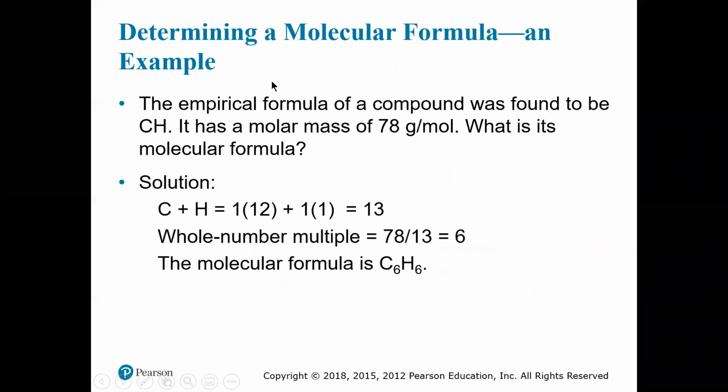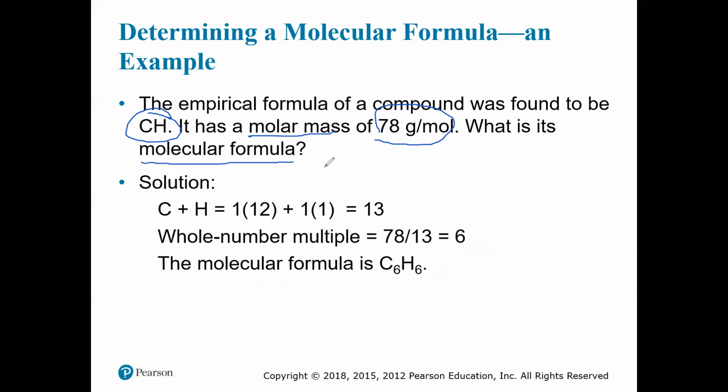So if we look at a problem here, the empirical formula of a compound was found to be CH. It has a molar mass of 78 grams per mole. Anytime they're giving you molar mass, this is the molecular formula's mass. What is the molecular formula?